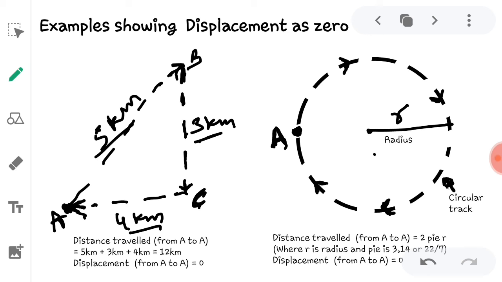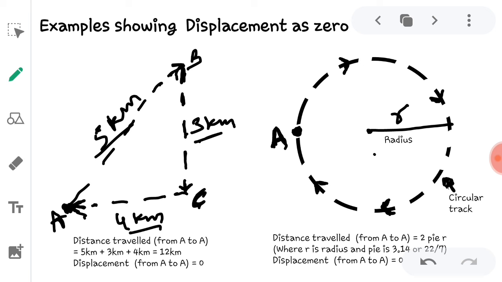Same in the circular track. If a person travels from point A and comes back to point A on a circular track, then the distance traveled will be the circumference of the circle, where this is the radius, and the circumference is 2 pi r. That will be the distance traveled.